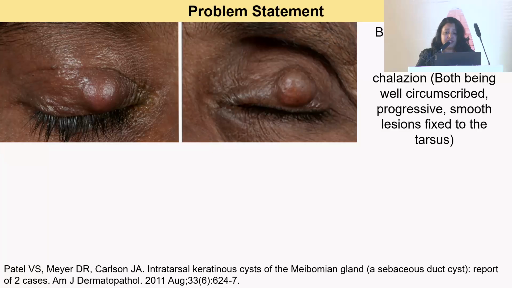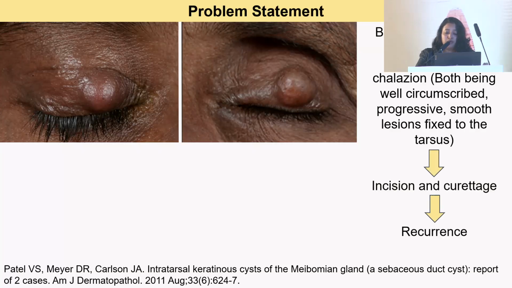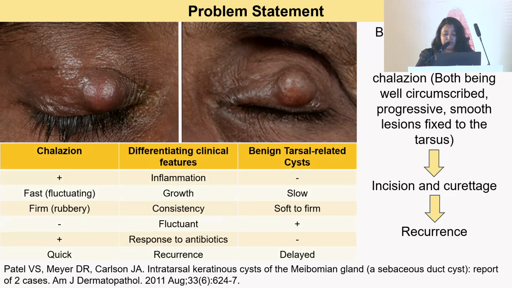In all fairness, even the best of us can easily confuse these well circumscribed, progressive, smooth lesions fixed to the tarsus as chalazion and treat them with incision and curettage only to end up with a recurrence. But definite clues like lack of inflammation, slow growing, soft to firm, fluctuant eyelid lesions within tarsal height with no response to antibiotics and a delayed recurrence are the holy grail to tell them apart from a chalazion.